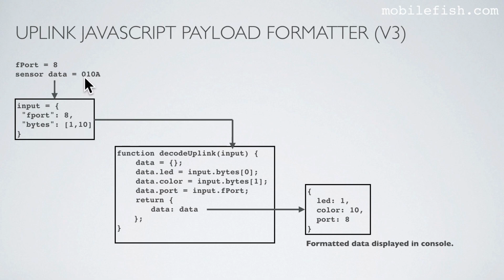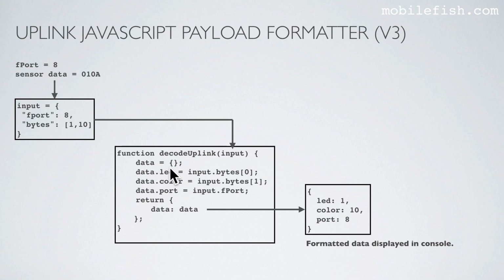Hex value 01 is converted to decimal value 1, and hex value 0A is converted to decimal value 10. When you specify the decode uplink payload formatter, this input JSON is already available with these values. And this is how you access the input object values.